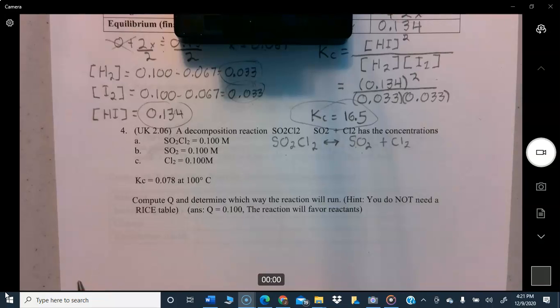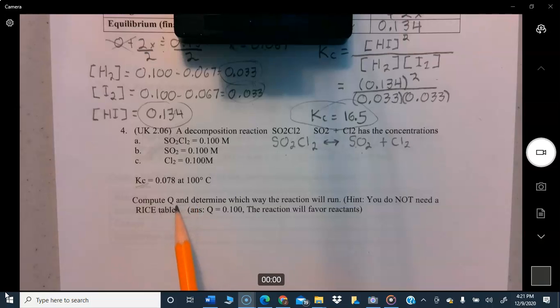So compute Q. That's the way this was worded when I copied this problem from the University of Kentucky site. So you assume those are equilibrium constants. Oh no, I take that back. It's a Q problem. So you don't know what the equilibrium concentrations are. You just know what K should be at equilibrium.